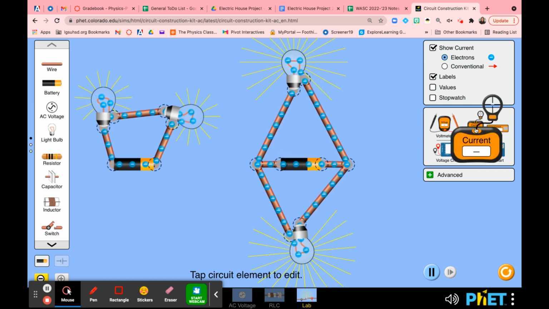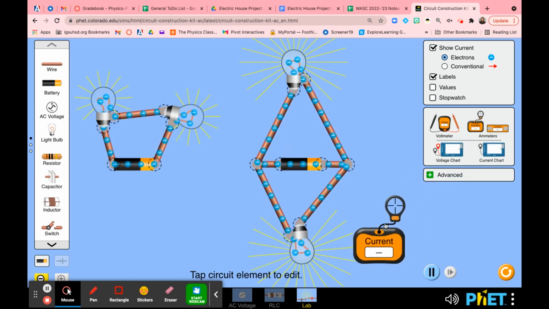So the current, this is a current meter. The current is the current through a wire, so you just touch it on the wire and it'll tell you how much current is flowing. You want to touch it in all different parts. So you want to touch it as it comes out of the battery and into the battery.